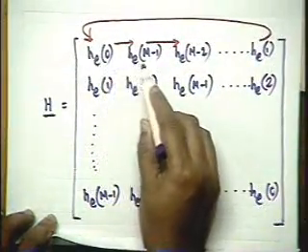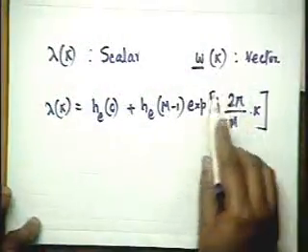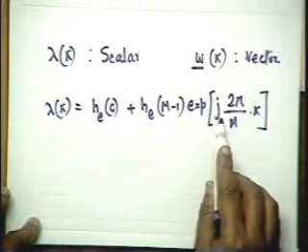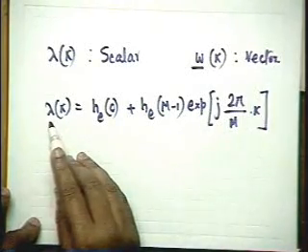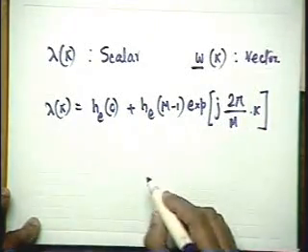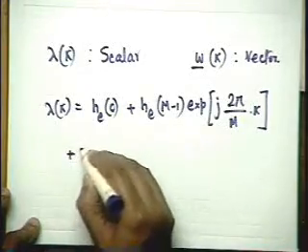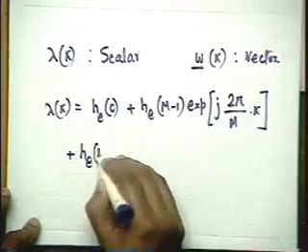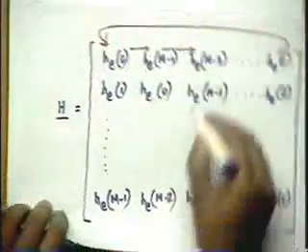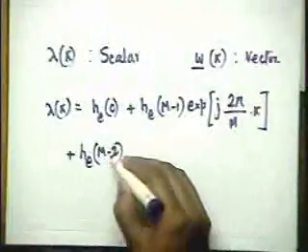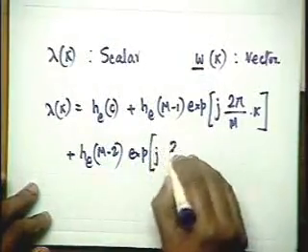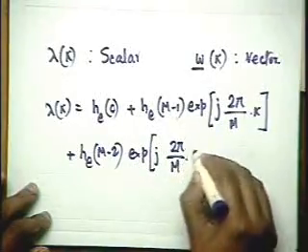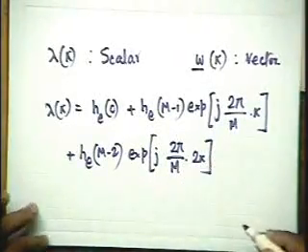When I am taking HEm-1, I have multiplied it by a complex exponential term, exponential to the power j 2 pi by m into k. This is how I am going to define this lambda k, the scalar quantity, plus HEm-2, that is to say the next element HEm-2 multiplied by the complex exponential j 2 pi by capital M into 2k.